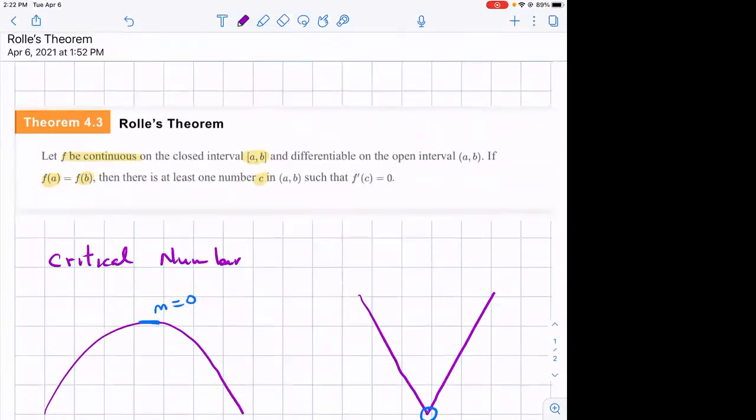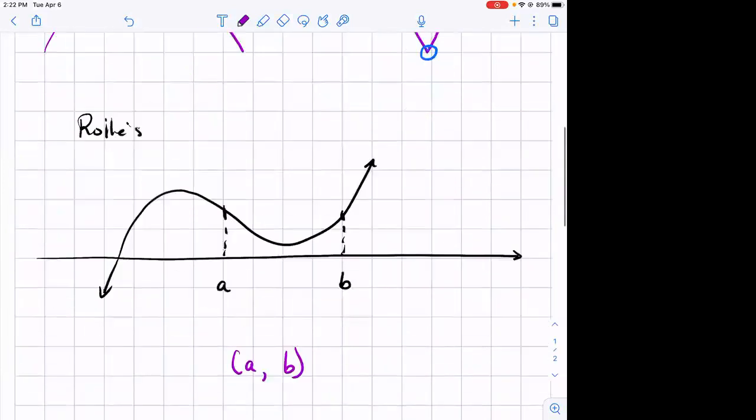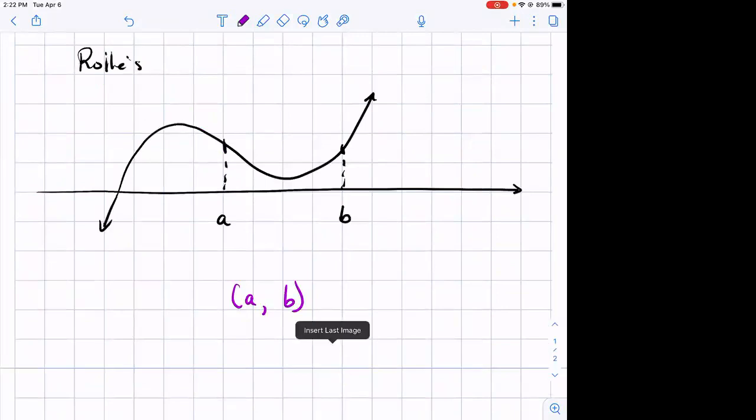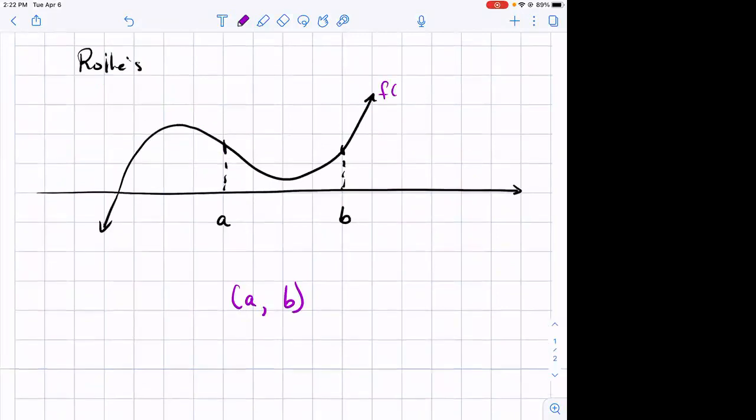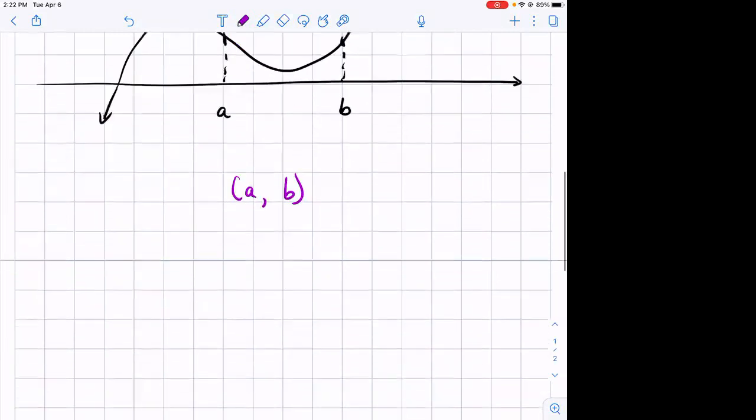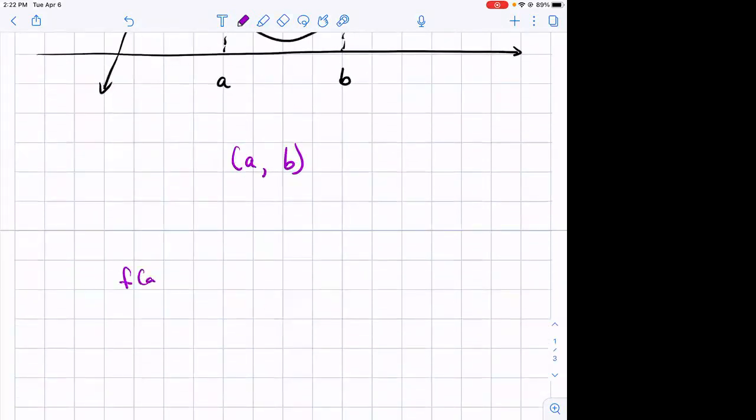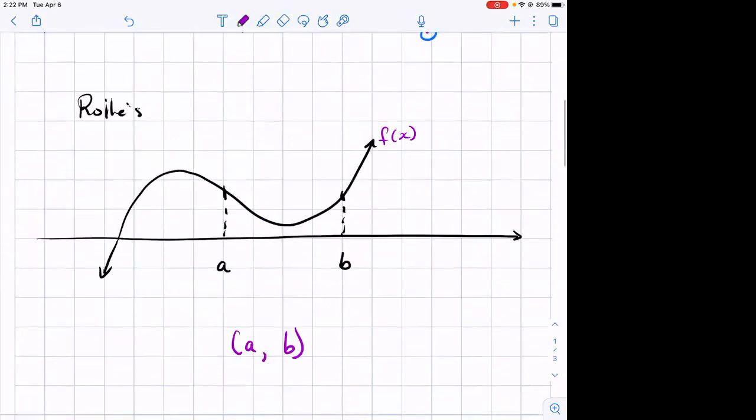And if f of a is equal to f of b, what does that mean? It means that if this is the function f of x, and f of a is the same as f of b, that means if this was the y-axis, let's just put a y-axis here, this height is the same as this height here, so this is f of a equal to f of b. Does that make sense so far?